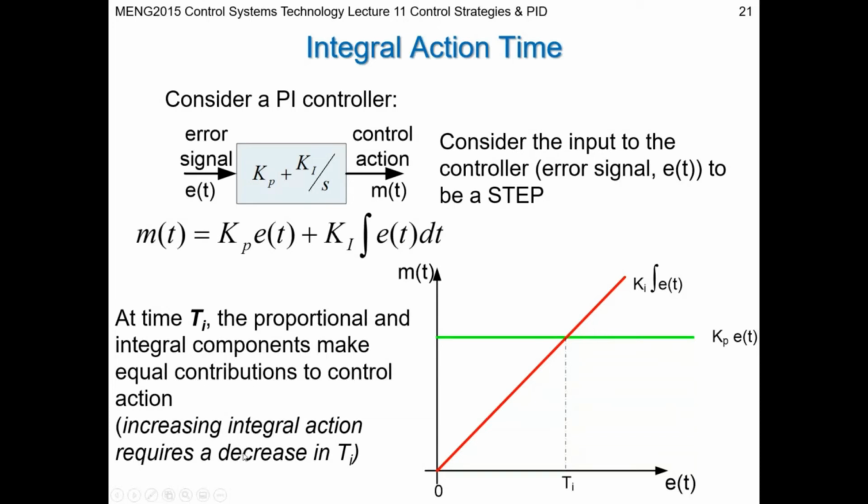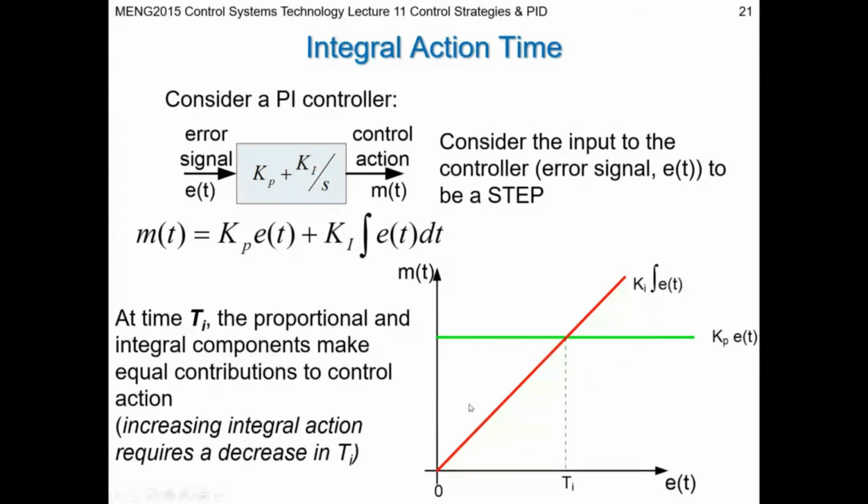Right? And if you have a higher Ki, if you increase the integral action, then that leads to a decrease in your Ti. You can see that this line is going to get steeper. If you increase Ki, it's going to give you a steeper line because you've got a higher multiplier in your integral action.